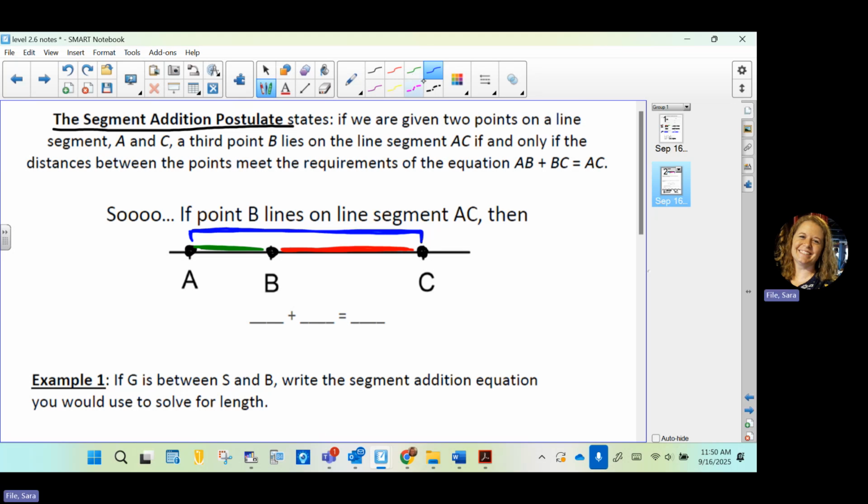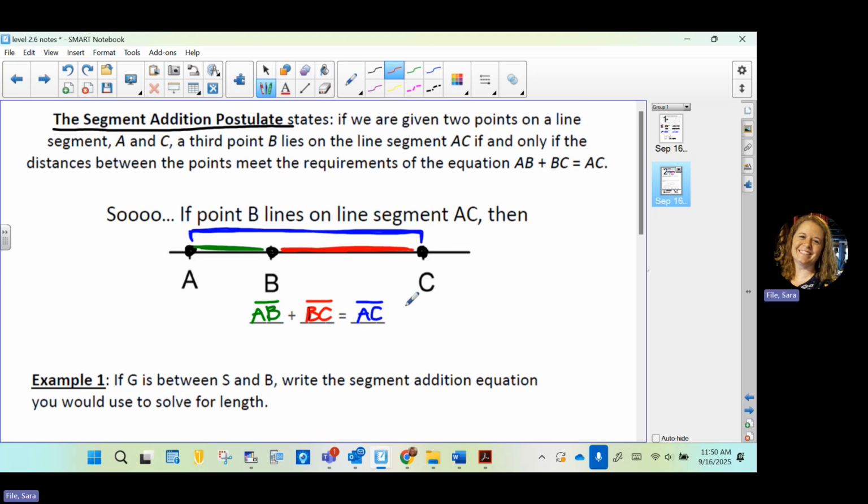That is written as segment AB plus segment BC equals segment AC. That's all segment addition is telling us. If you have smaller segments that, when put together, equal the longer segment, then if a point is in between the endpoints of a segment, this will always be true.